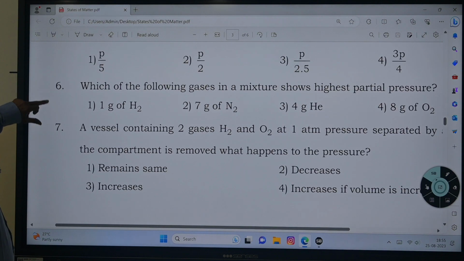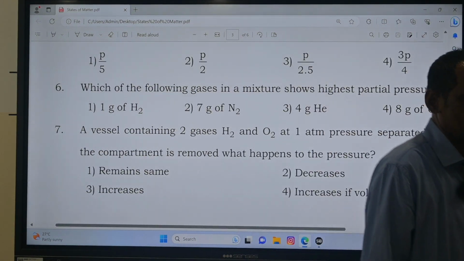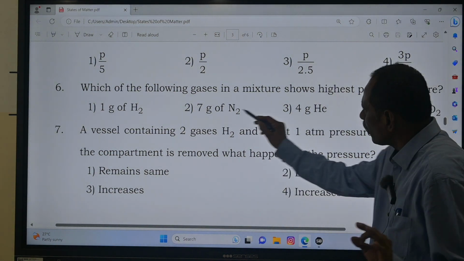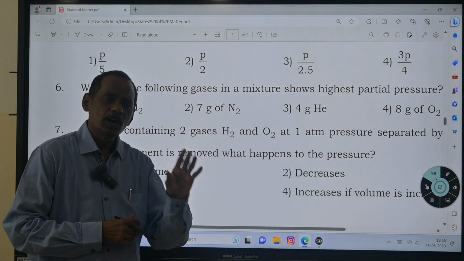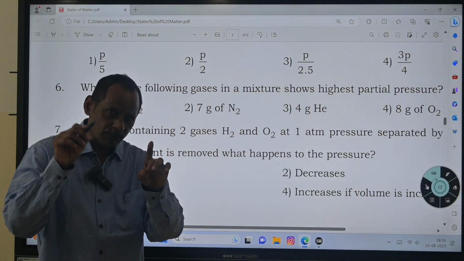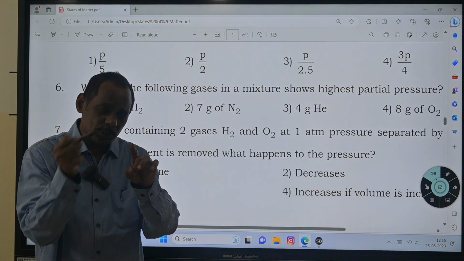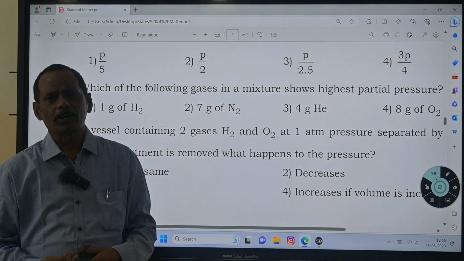Which of the following gas in a mixture shows the highest partial pressure? Partial pressure is equal to number of moles into RT by V. So the gas whose number of moles is more exerts higher partial pressure.